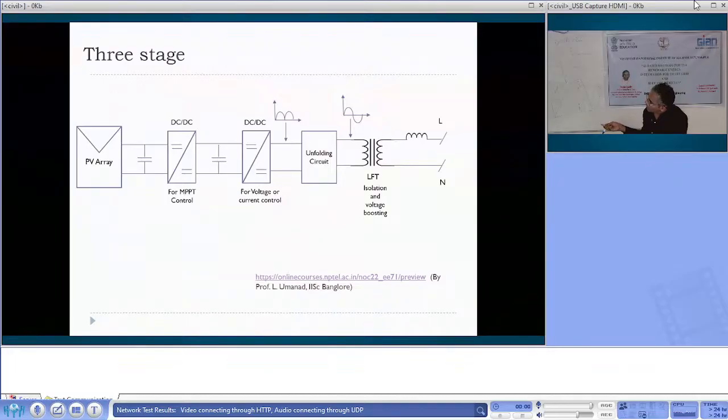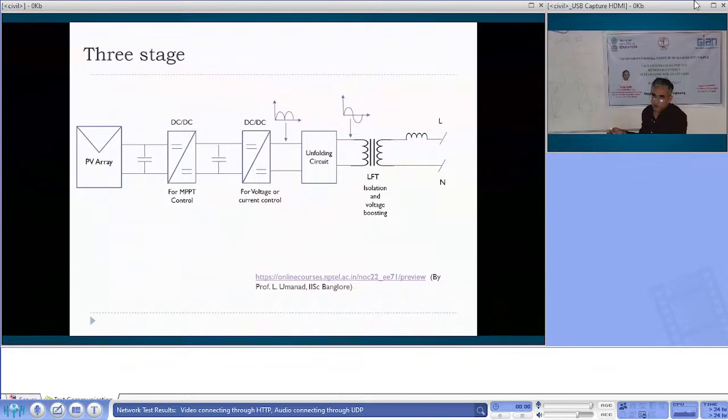Then you have the unfolding circuit, which inverts the waveform for the negative duration, and it becomes sinusoidal. It is not very practical, but it is a 3-stage kind of system.